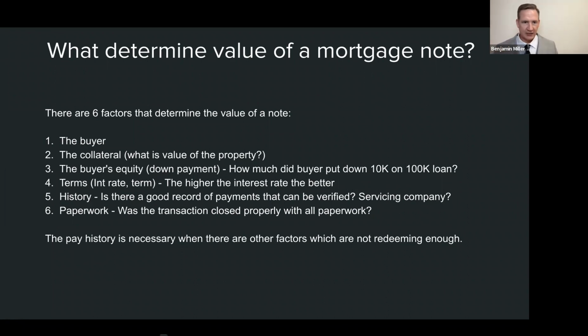They're not lawyers. They just agreed that, yeah, I'll make payments to you for 30 years. Did they remember to put in any of the legal language? Did they know how to put any of the legal language in? These things are important. That type of note is less valuable than a note that had a proper closing at a legitimate company with legitimate lawyers that drafted the paperwork.